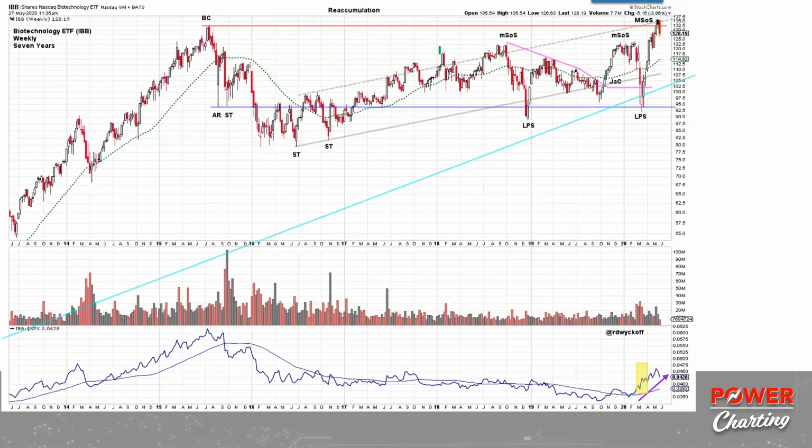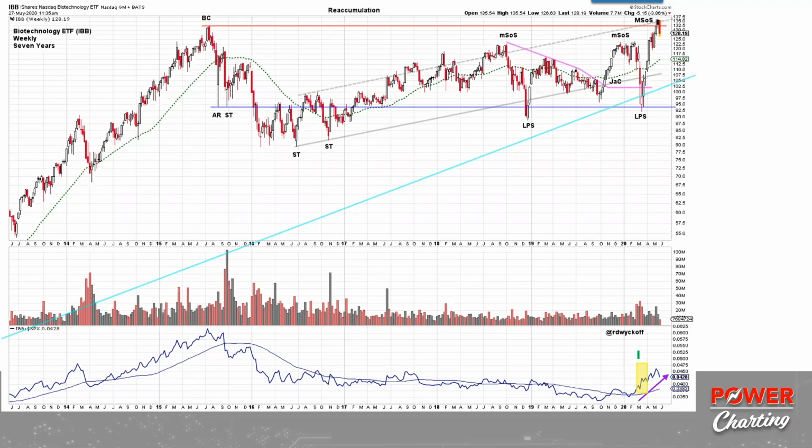The internal strength in the IBB really shows up in this relative strength line, both in the fact that in the decline in this yellow box, it's rising while IBB and the market as a whole is declining. This suggests that IBB is declining less than the S&P 500 in this case.